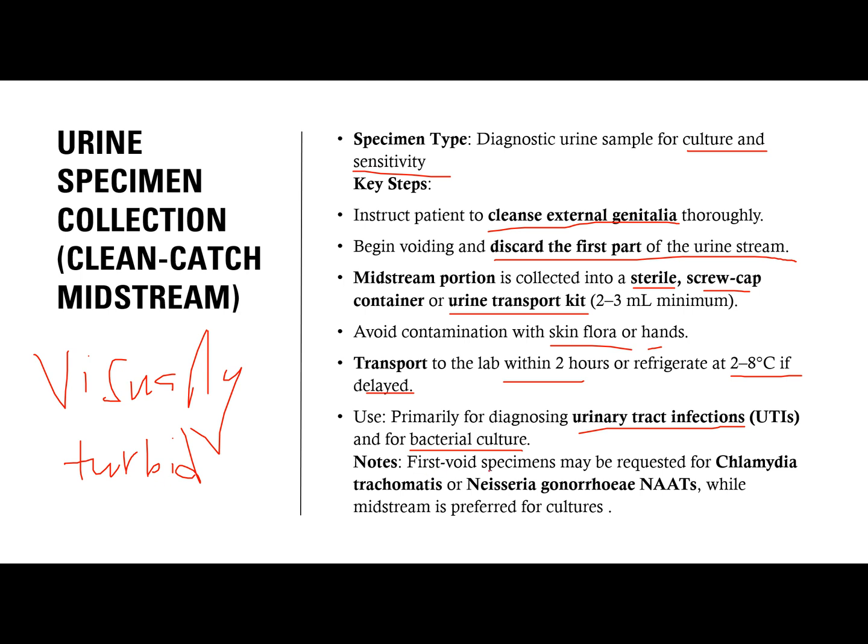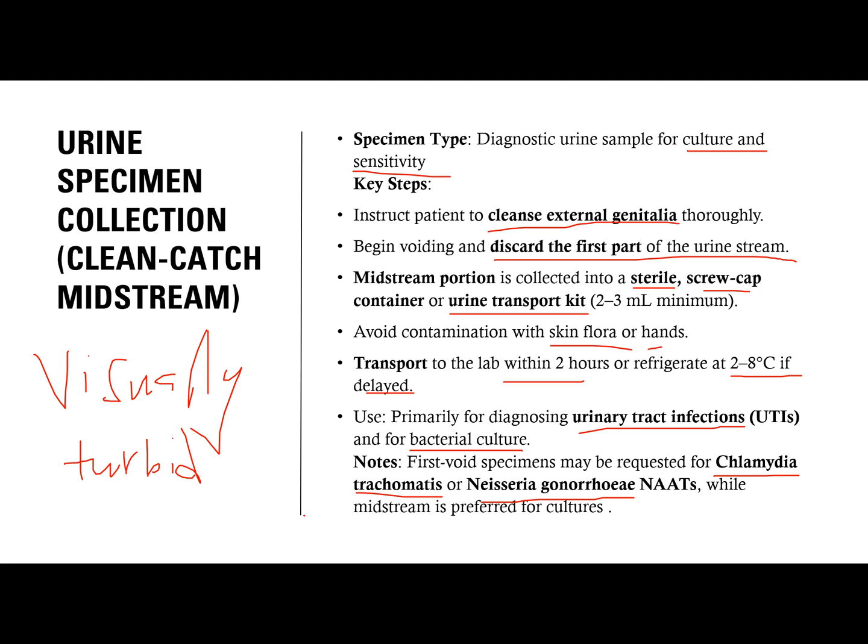Now, first void specimens may be requested for Chlamydia trachomatis, class, or Neisseria gonorrhea nucleic acid amplification tests, while the midstream is referred for culture. So, kung first void sample, yung first part, class, is usually used for Chlamydia trachomatis.